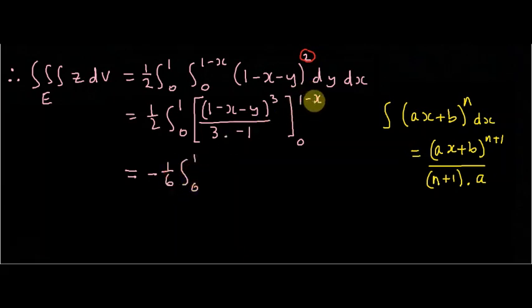Now I'm going to substitute in the upper limit for y. And then 0 for y. Of course, this will be cubed. And then plugging in 0 for y.